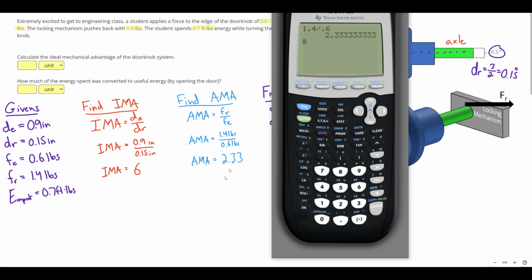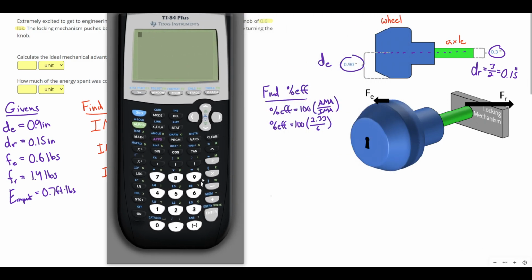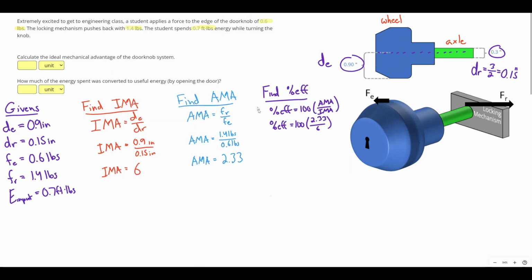Let's go to our calculator. 100 times 2.33 over 6, 38.8% efficiency. Like I said, our AMA was far off from our IMA, much lower. So we should expect a low percent efficiency. We got 38 point, what was it? 38.8.